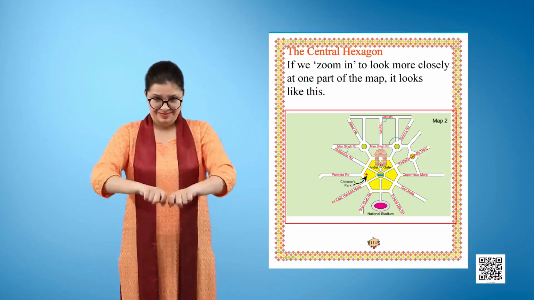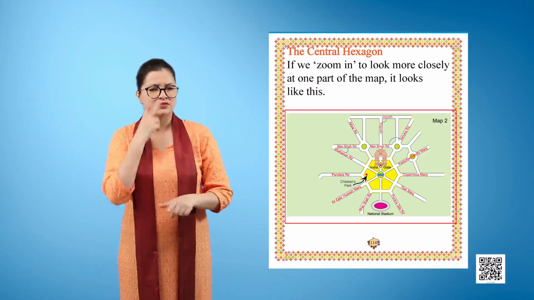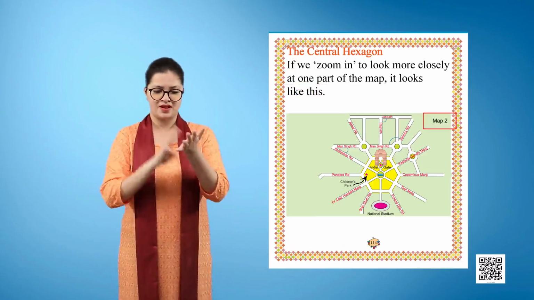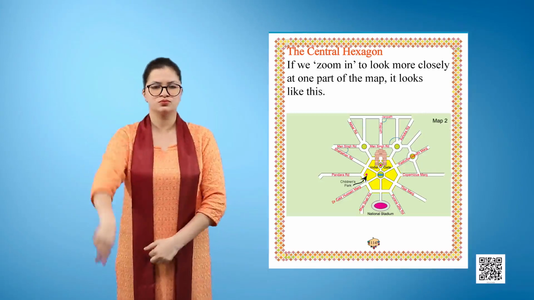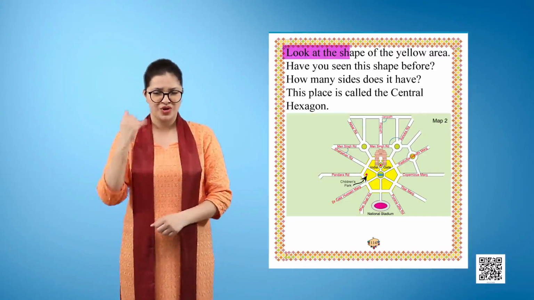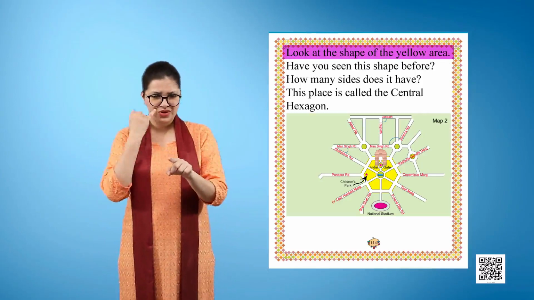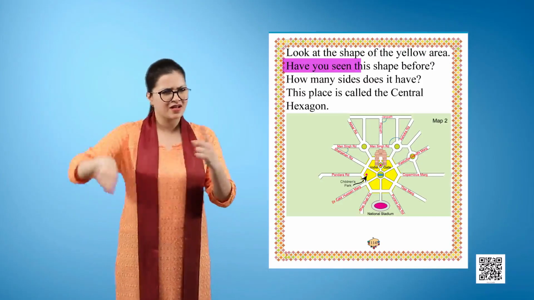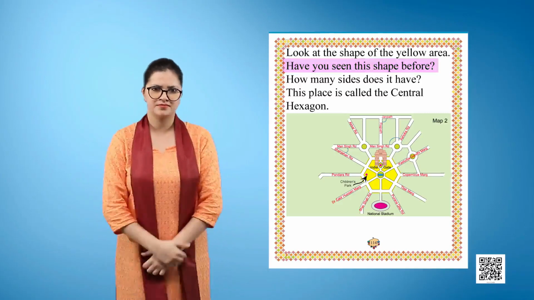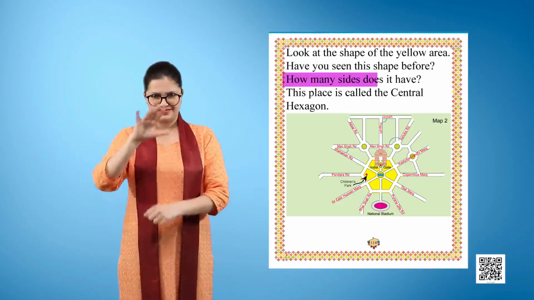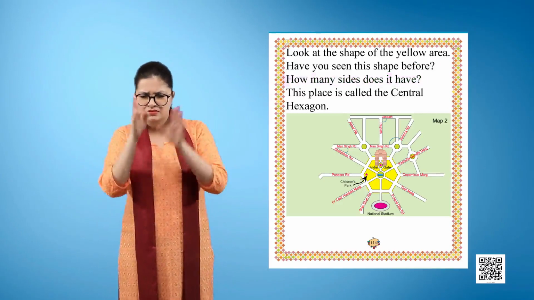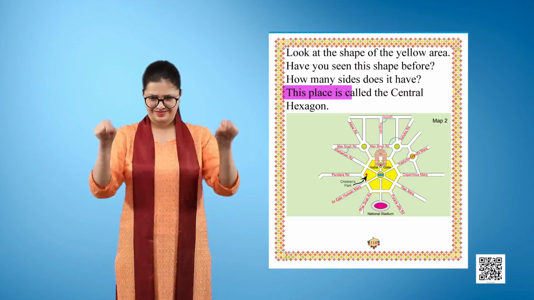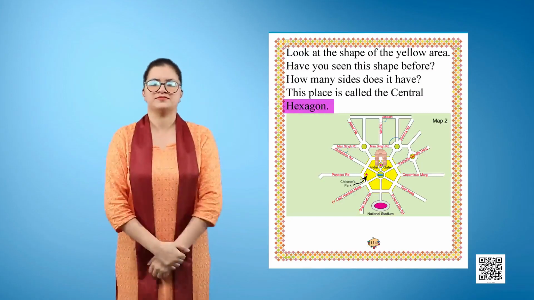Below this is a picture of a zoomed-in part of the map. This is titled Map 2. Look at the shape of the yellow area. Have you seen this shape before? How many sides does it have? This place is called the Central Hexagon.